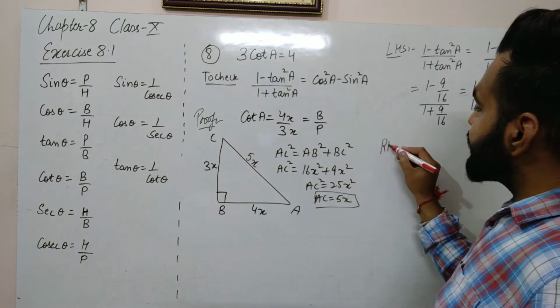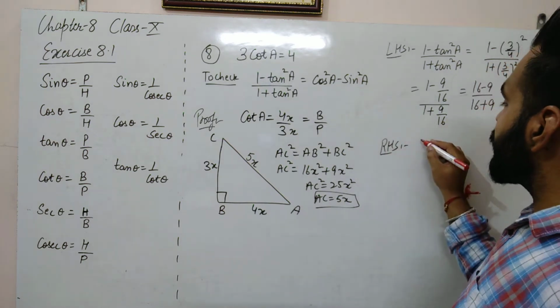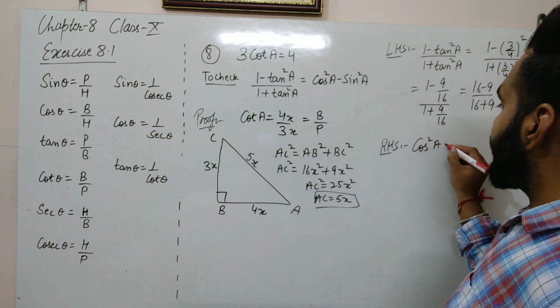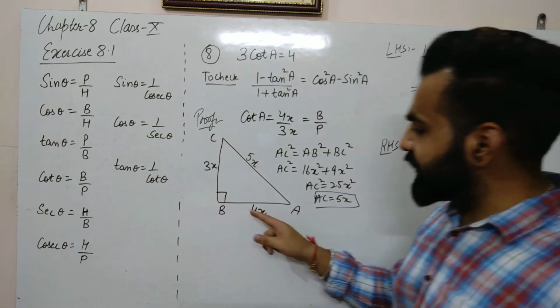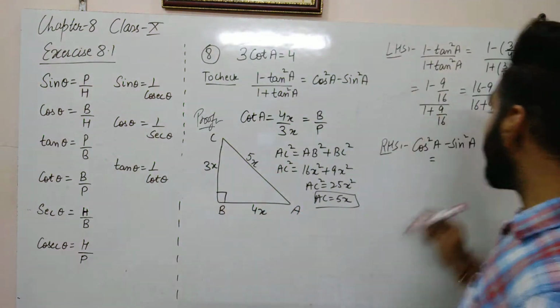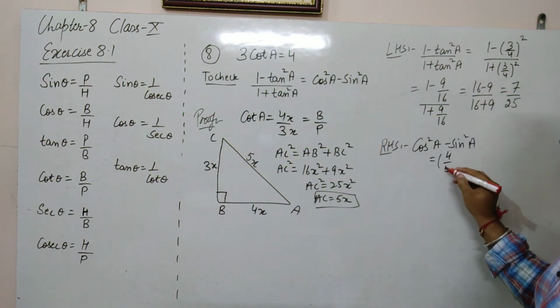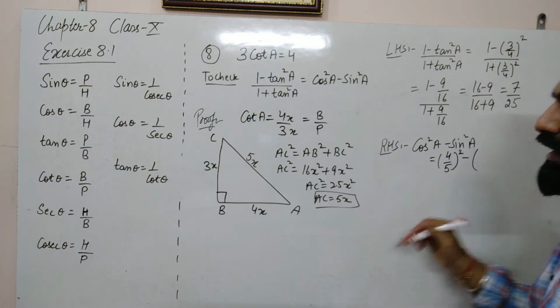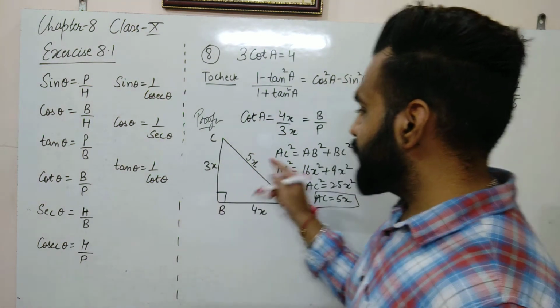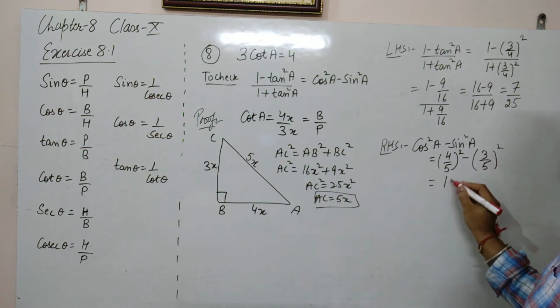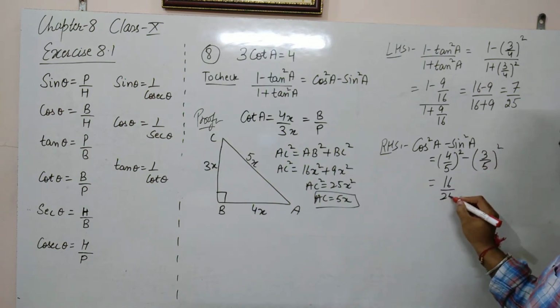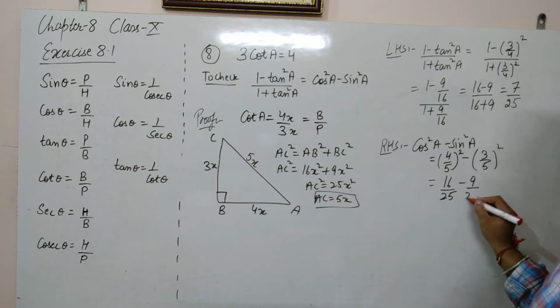Now do the RHS. RHS is cos square A minus sin square A. So what is cos A? Cos A is B by H, that is 4 by 5, minus sin A. Sin A is P by H, 3 by 5. So this will be 16 by 25 minus 9 by 25.